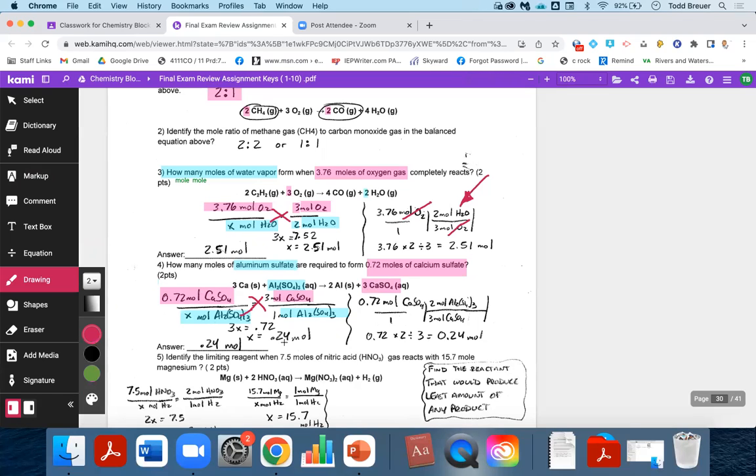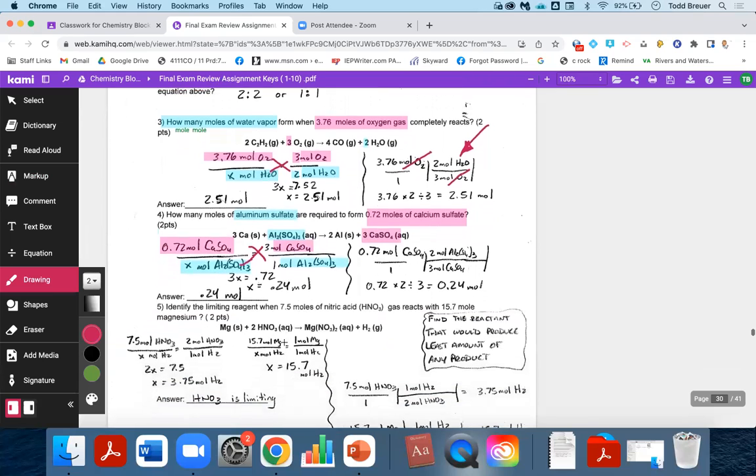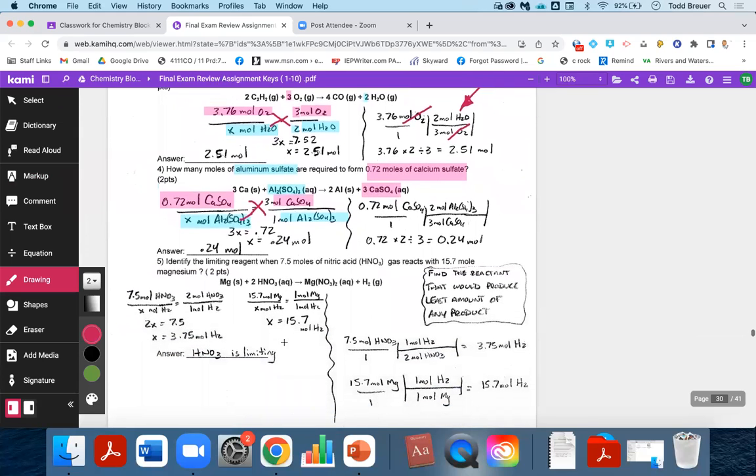Divide each side by 3, and 0.24 moles would be the required amount needed to form 0.72 moles of calcium sulfate. Okay, so that organizational skill is needed to do more complex versions of stoichiometry.